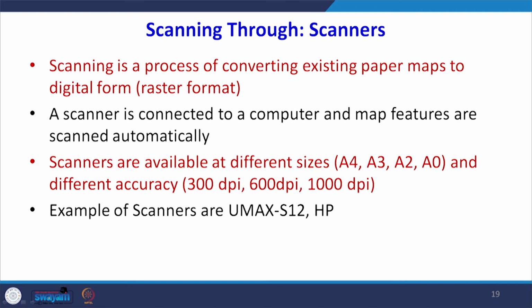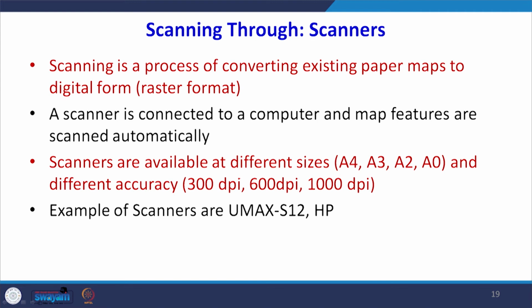The scanner is also connected to a computer, and there are certain scanners which are selective in nature. That means they will select a certain type of feature. So if you want to select, let us say, the green features in the maps, the forested area, it will only scan those green features.